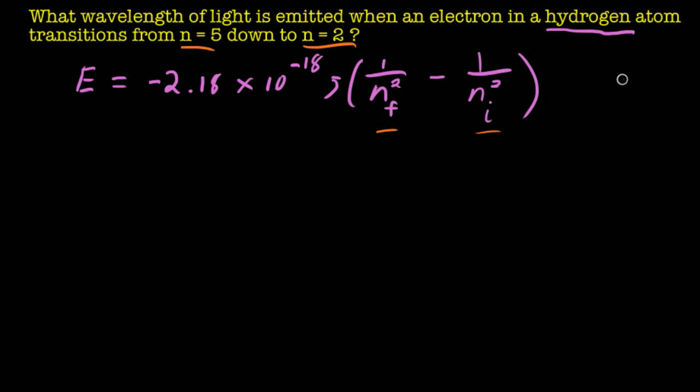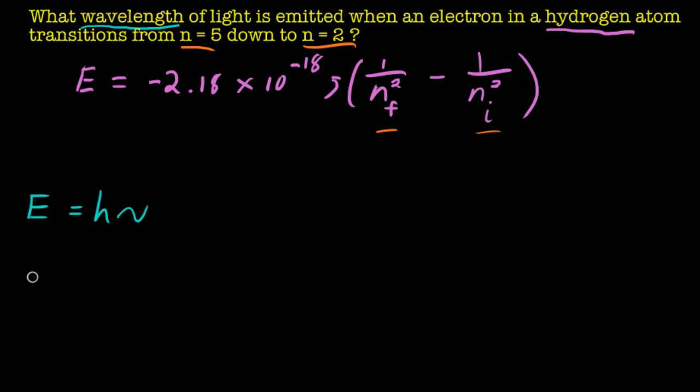And actually, just before we do that, we want to figure out what the wavelength is. We know that the energy of one photon is going to be equal to h times the frequency, h nu.